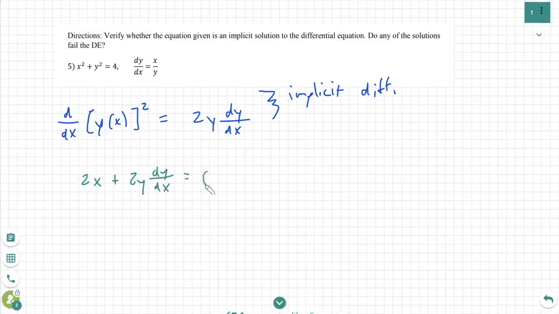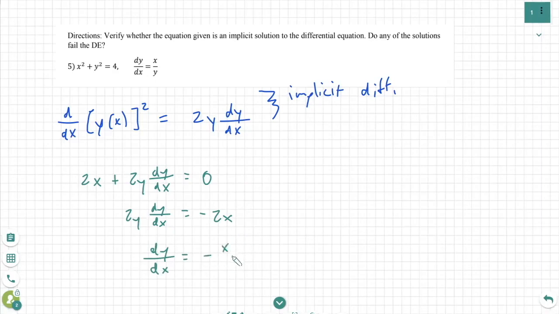Yeah, it's a constant, right? Then what next? Subtract 2x from both sides, and then divide both sides by 2y. Then what do you get for dy dx? dy dx equals negative x over y.